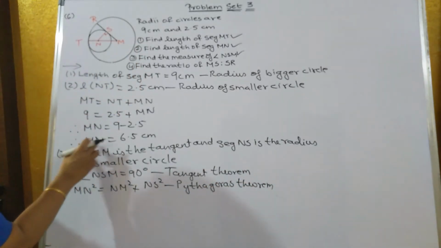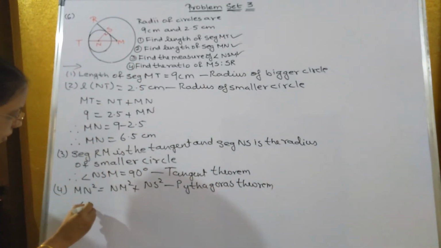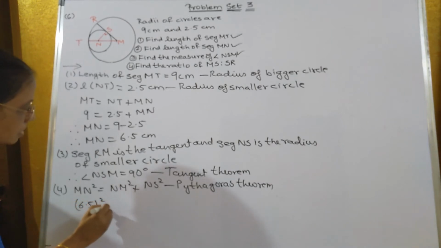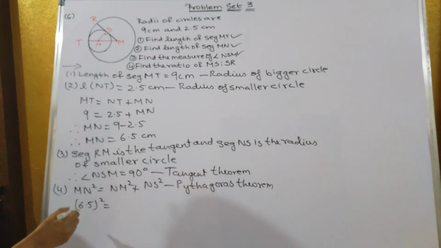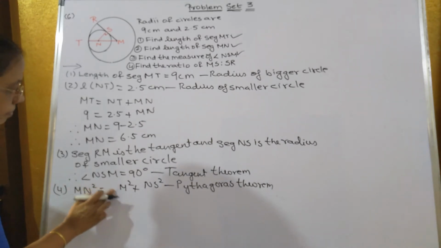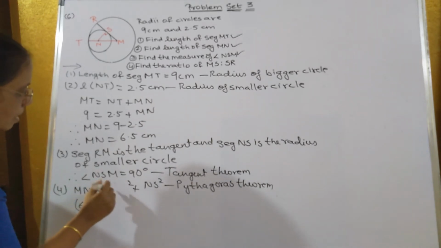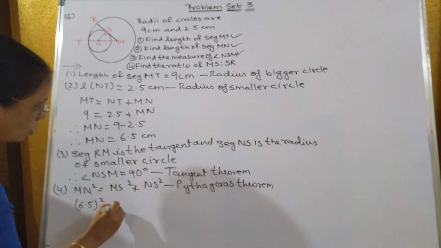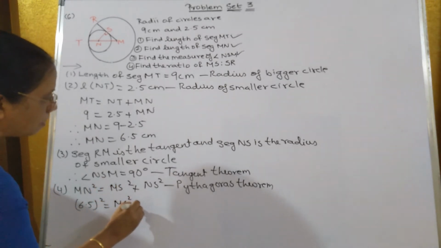Now MN we have got 6.5, so 6.5 square is equal to MS square plus NS square.